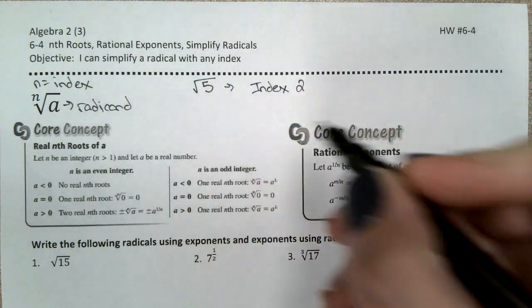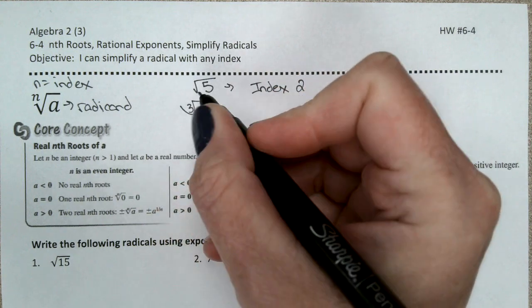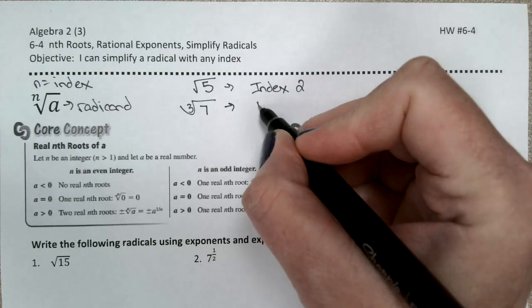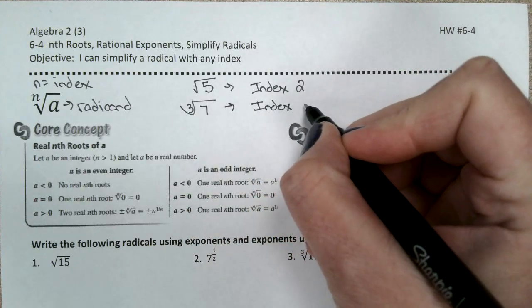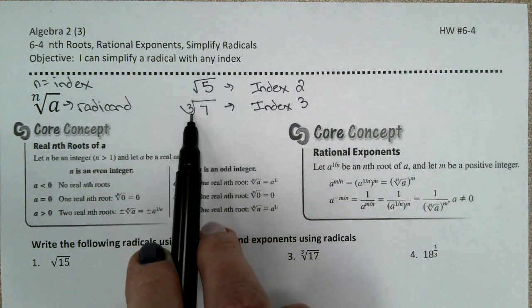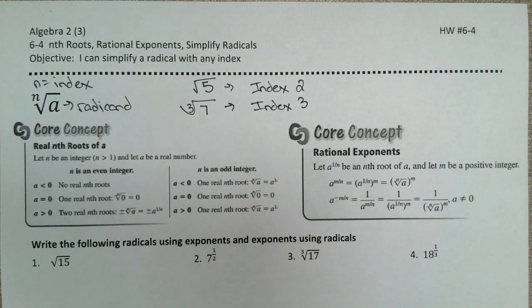If we want the index to be anything else, we have to write it there. Like if we wanted to take the cube root of 7, we would actually write it there, and in that case, your index is 3. So the index is the number in this little notch part of it.